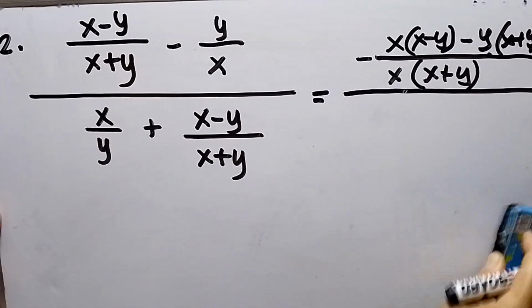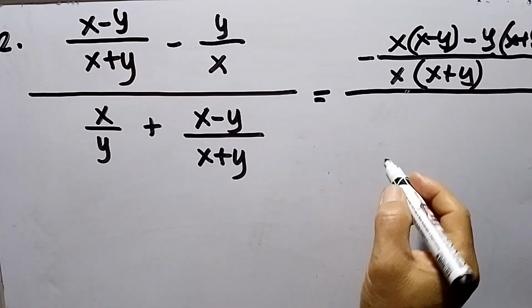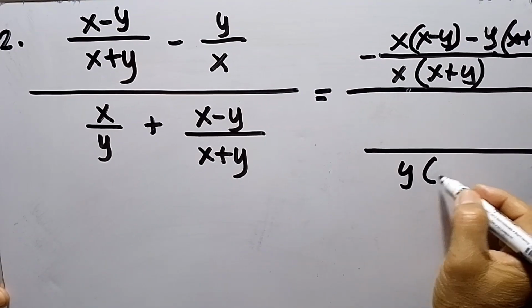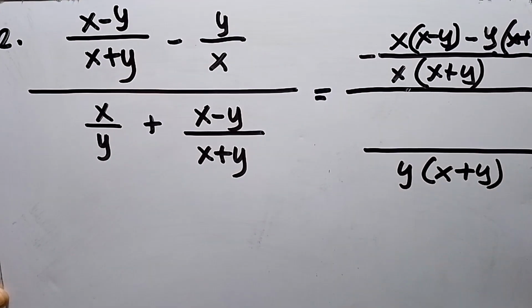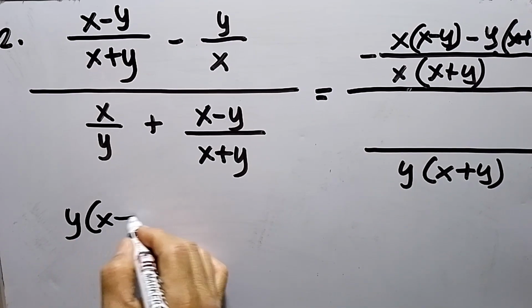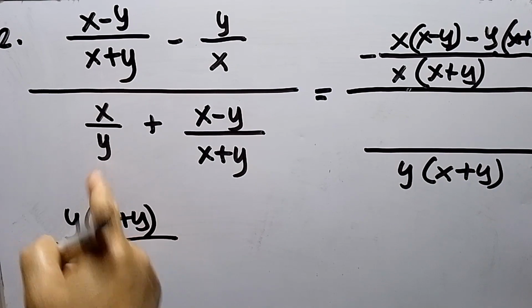Then also for the denominator, I need to find the LCD. The LCD will be y times x plus y. Then the LCD, x plus y, divided by the first denominator, which is y.